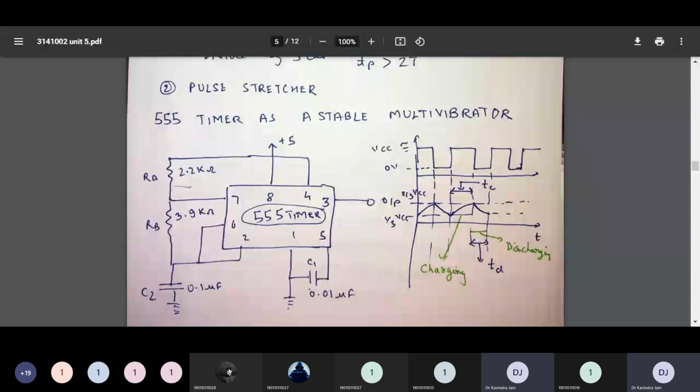Time during which capacitor charges from 1 by 3 VCC to 2 by 3 VCC is equal to the time during which output is high.